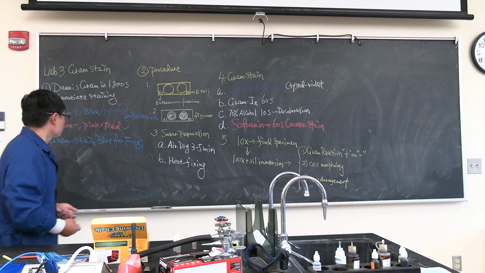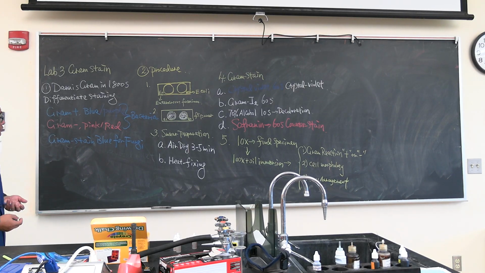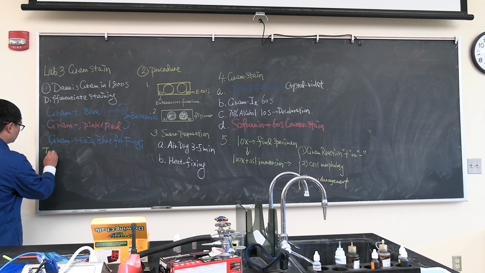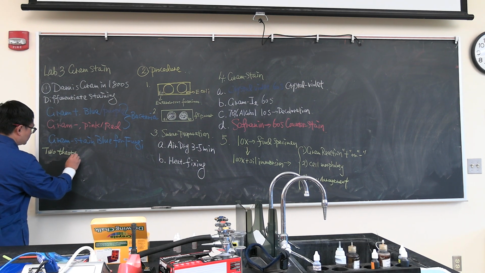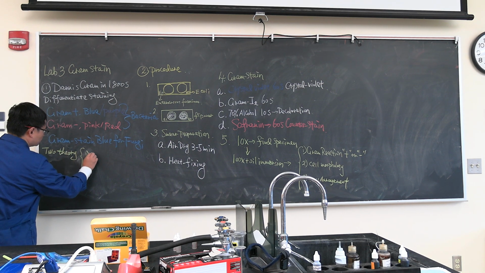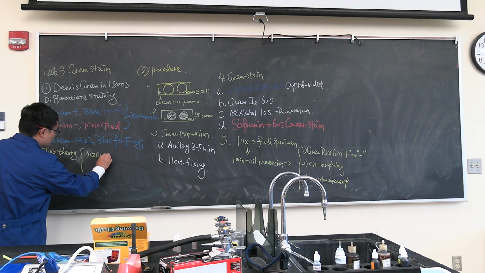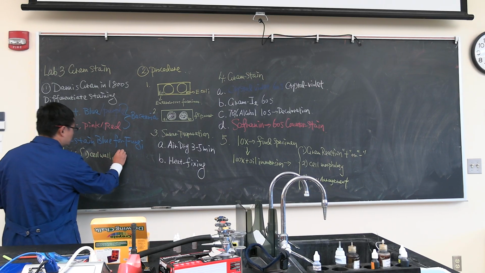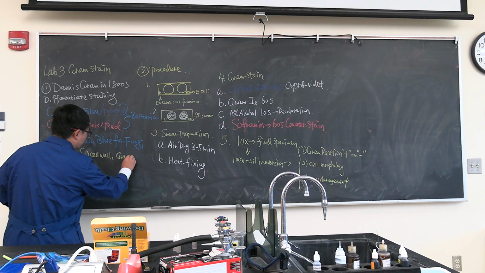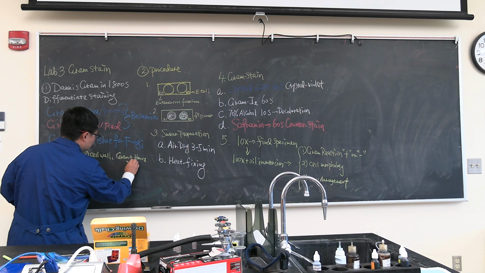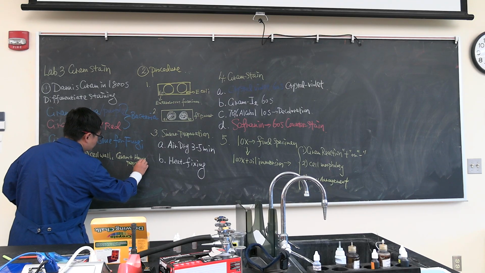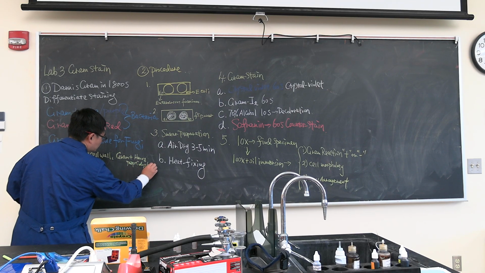Back to here. Ideally, the results: gram positive, blue or purple; gram negative, pink or red. And we mentioned 2 theories. What are the 2 theories? If you still remember, number 1 we call the cell wall theory. That is because gram positive bacteria have heavy peptidoglycan.